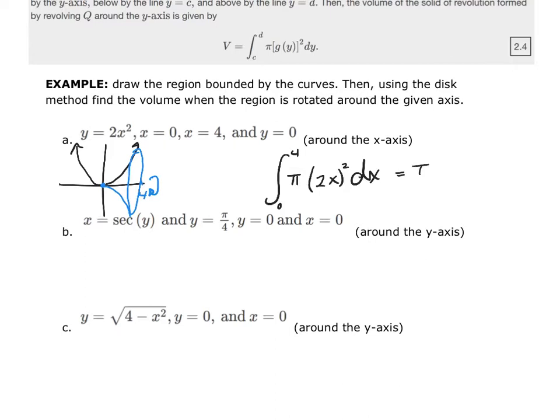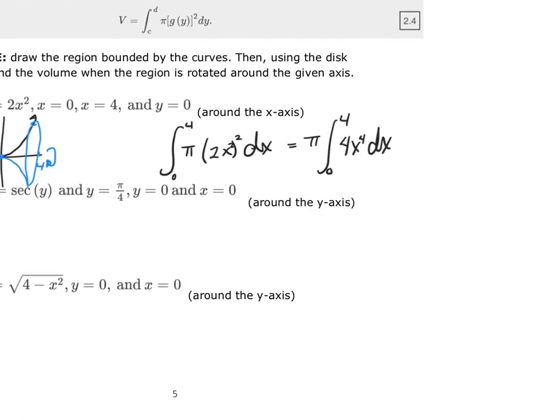I'm going to pull the pi out, so 0 to 4, and then I'm going to square the 2, don't forget to square the 2 and square the x, so it's going to be 4x squared squared, so that'd be 4x to the 4th, dx.